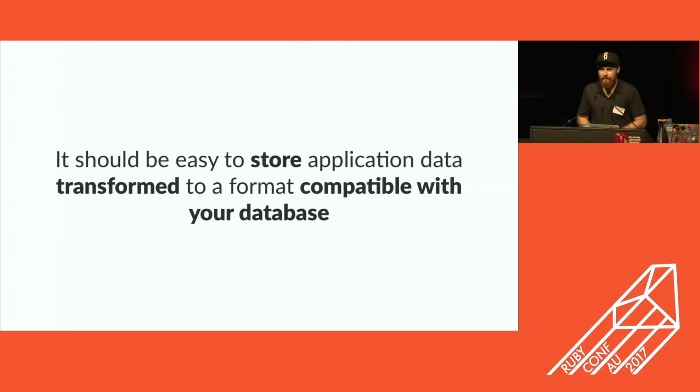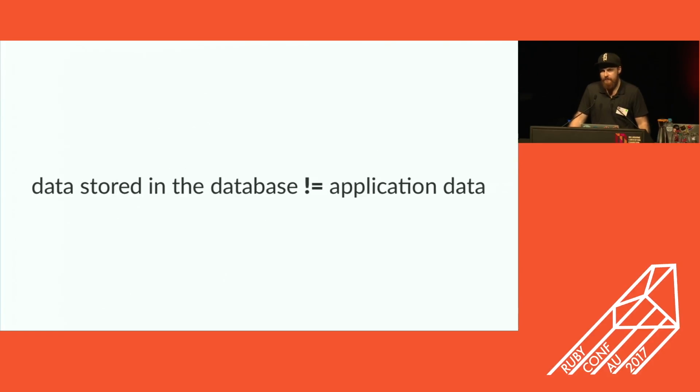So we need to transform it in a way that you can persist it. The reason why it's needed is pretty simple. What we store in our database is different from what we have in our application, right? The way we define our tables, our columns, the way we specify associations between our tables, this is optimized for our database. It's optimized so that the database can work efficiently, but not necessarily optimized for our application.